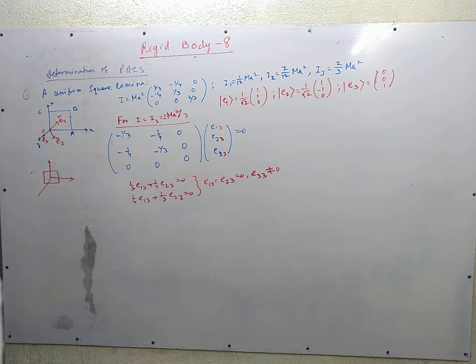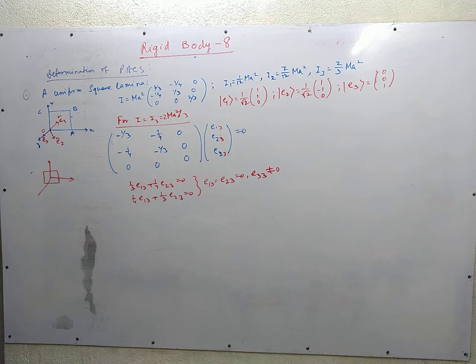But this technique that we have developed is a general technique, and if we somehow construct a moment of inertia tensor in any coordinate system, then we can adapt the procedure of matrix diagonalization to get the principal axes.